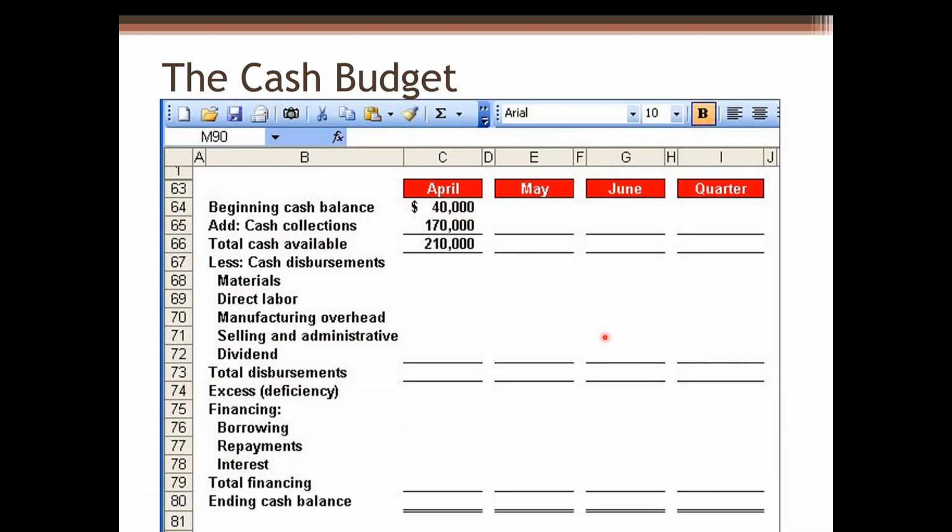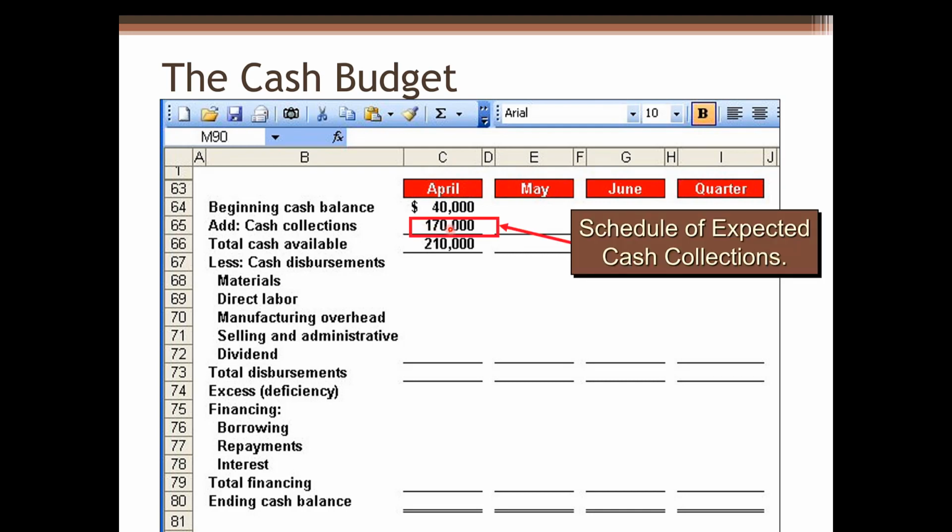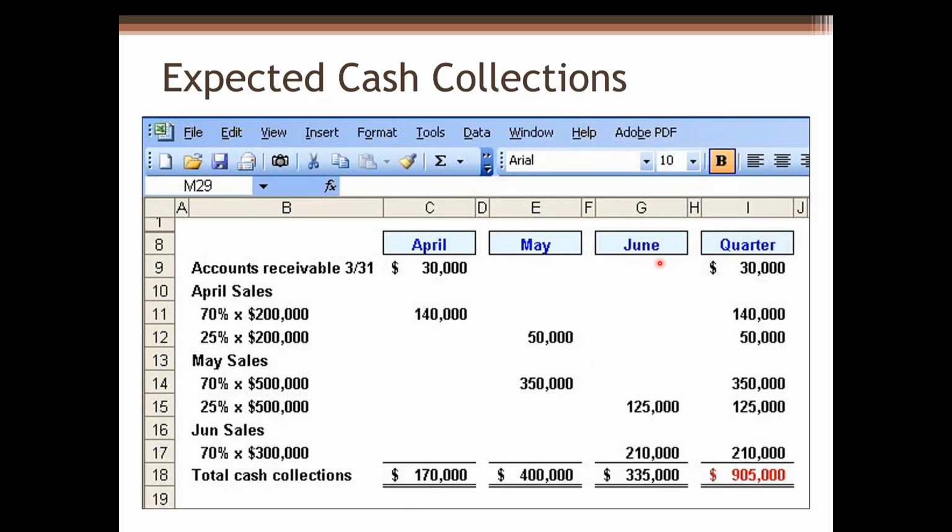Let's take a look at the cash budget. The beginning cash balance in April, the question has told us, is $40,000. We add cash collections. Cash collections for April are $170,000. This is from the schedule of expected cash collections after we prepared the sales budget. If you take a look at the previous slide, it's from there.